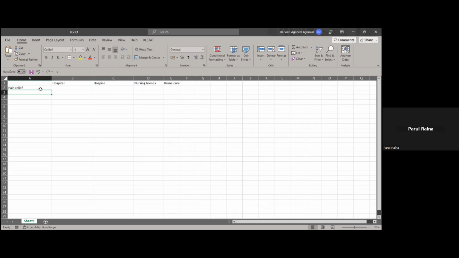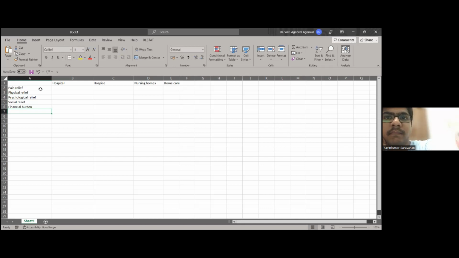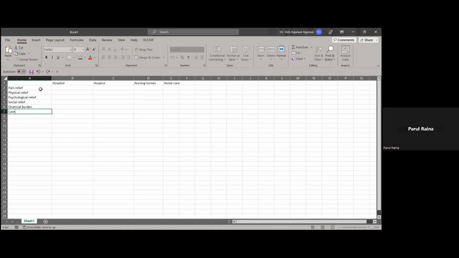Physical symptom relief, psychological relief, social relief, spiritual relief, financial burden, caregiver relief. Okay, let's say these are the 5 attributes.